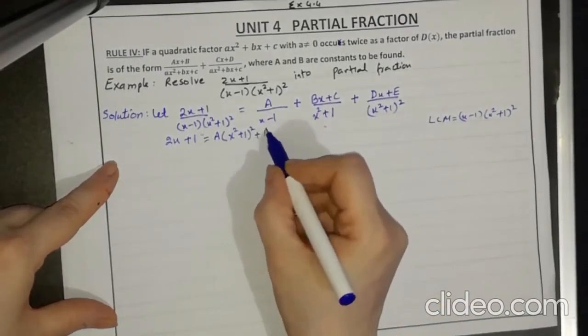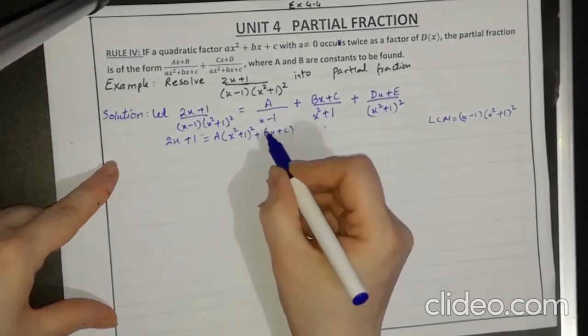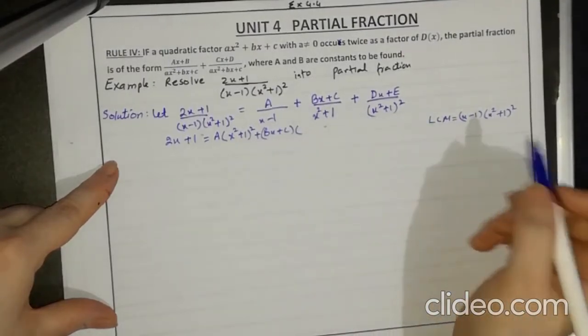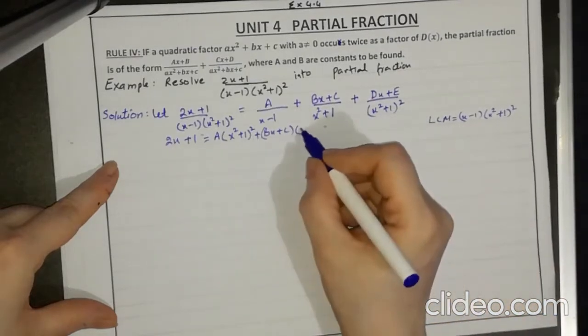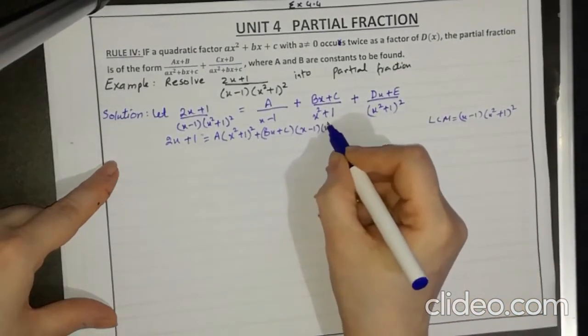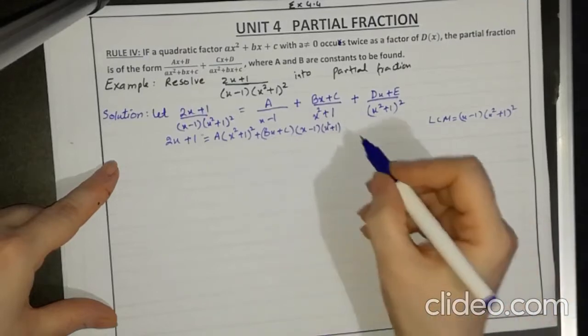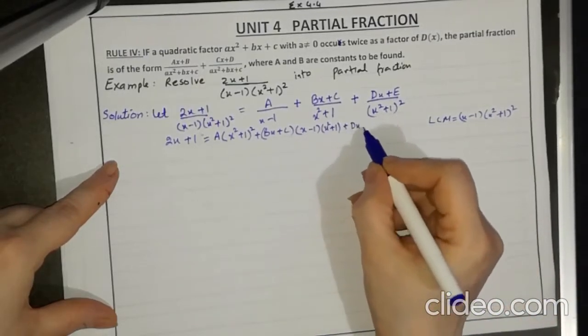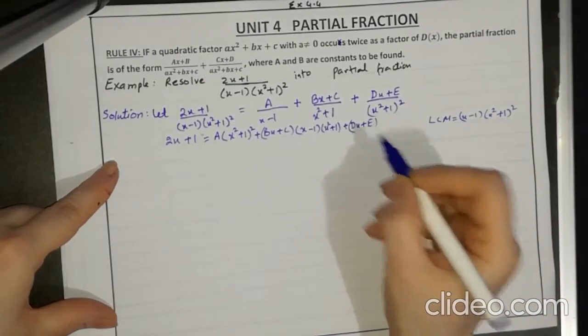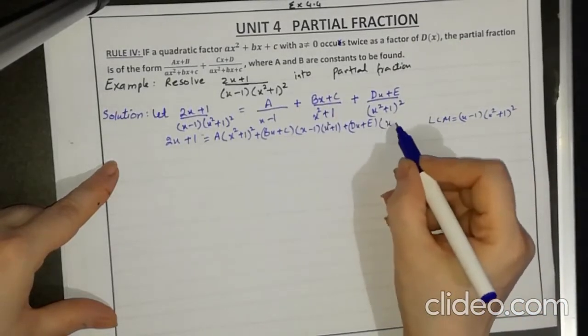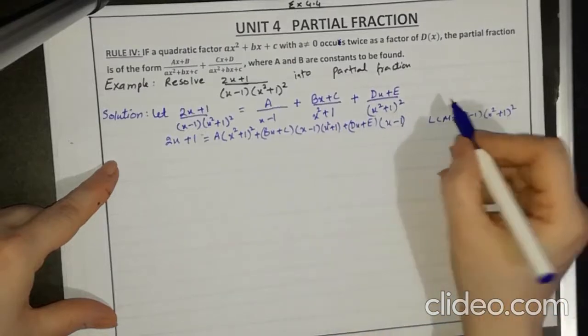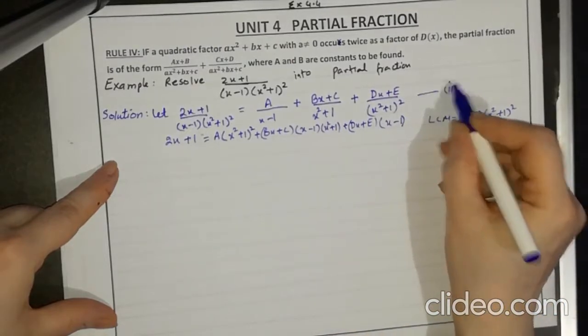Now plus (Bx plus C), x square plus 1 cancels, so one x square plus 1 remains and one x minus 1, so (x minus 1)(x square plus 1). And now we have (Dx plus E), the (x square plus 1) whole square cancels, and we have x minus 1. So this is your number 1.